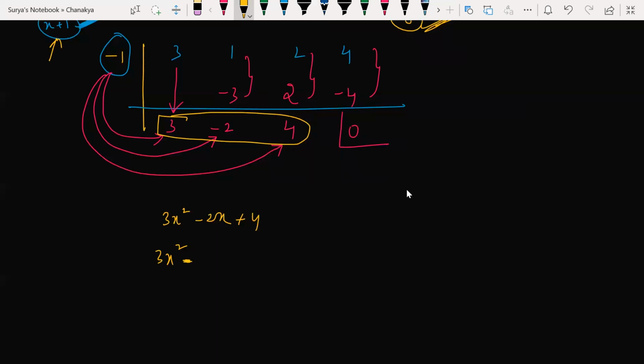First we multiply the last terms. Yes, that is 12x square minus 2x minus 2x. How do you split minus 2x? 2, 6. So 2 and 6 will come, minus 4x.